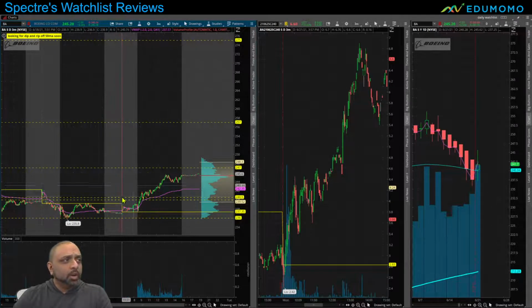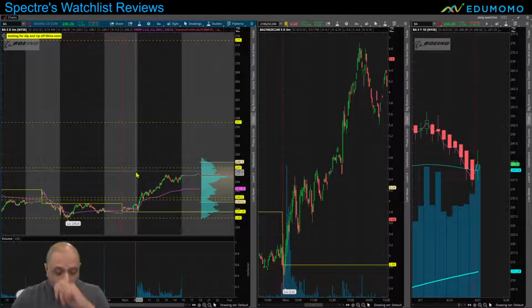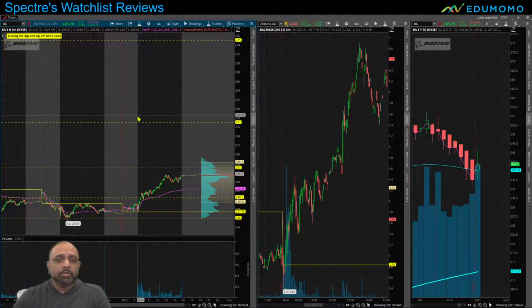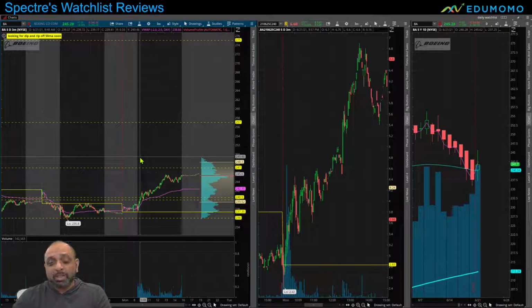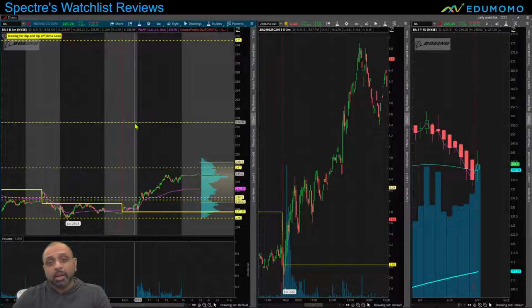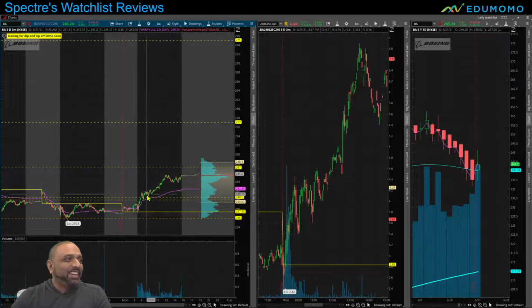You just copy and paste the code once, and any time you bring up a stock that is on the watch list, the levels automatically get drawn for you. It turned something that was taking me 20 to 30 minutes each morning into about a minute now. So it's super handy. The next thing is, let's take a look at BA.